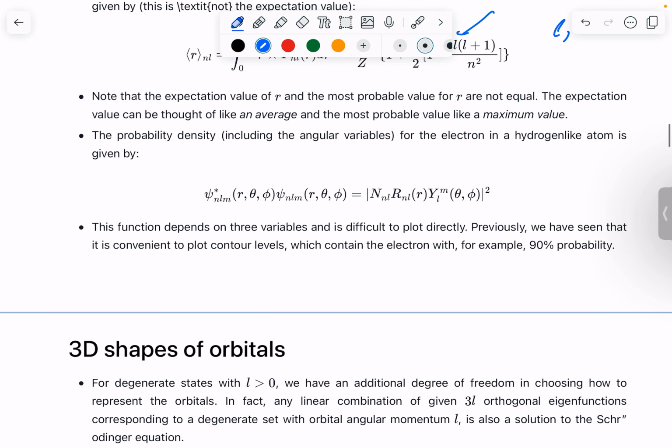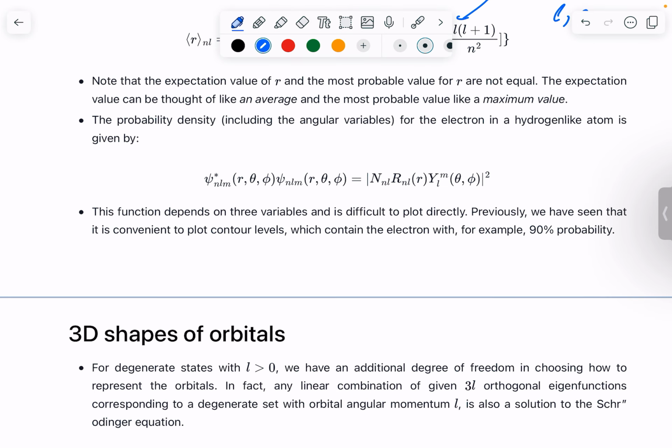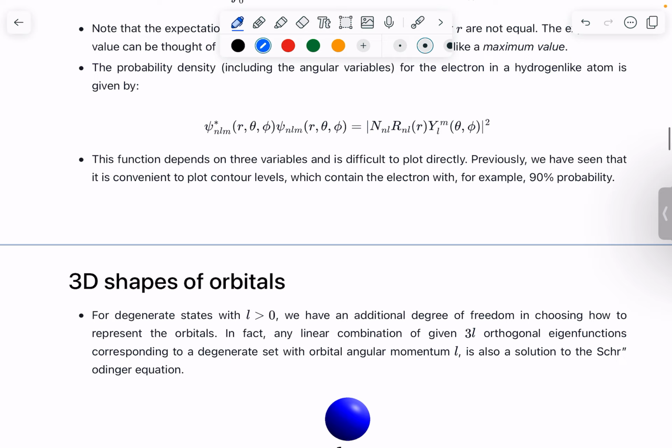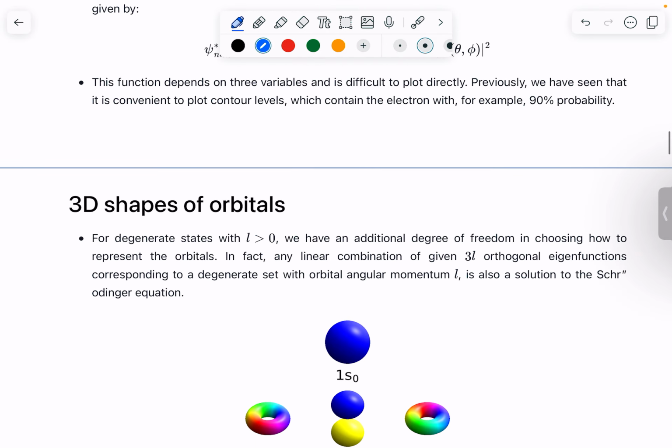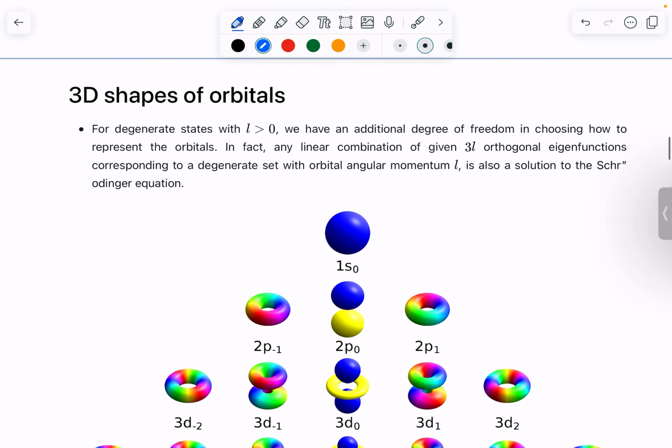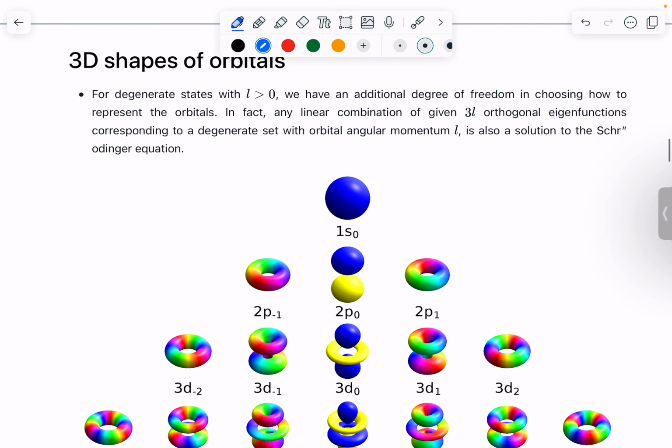All right, so this is the motivation for why we need to study the shapes of the orbitals on the example of 1s orbitals, but we have much more fun shapes when we look at the orbitals that are characterized by different values of the L quantum number, the orbital quantum number, right?